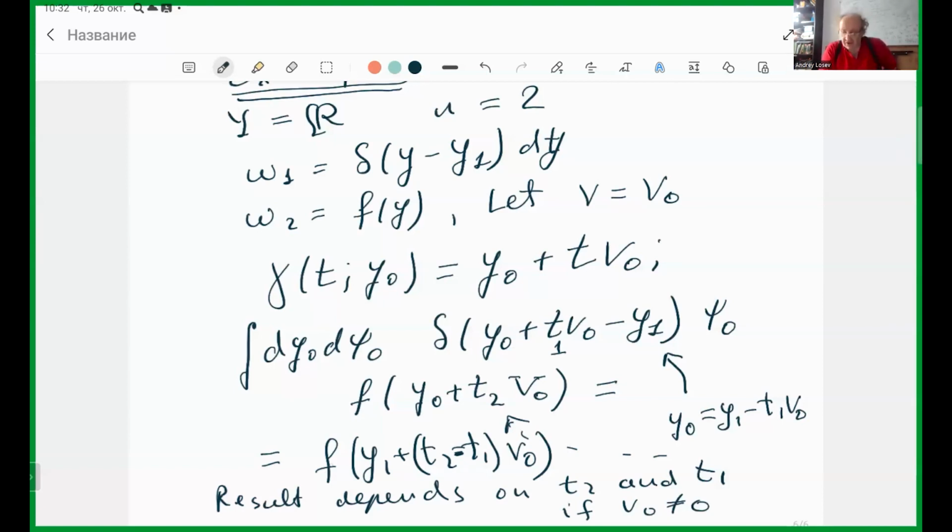So you give me a function f, and I compute the correlator.